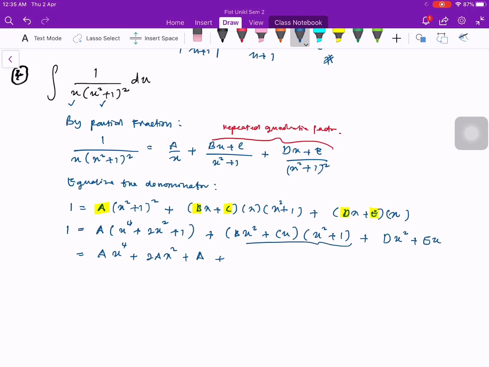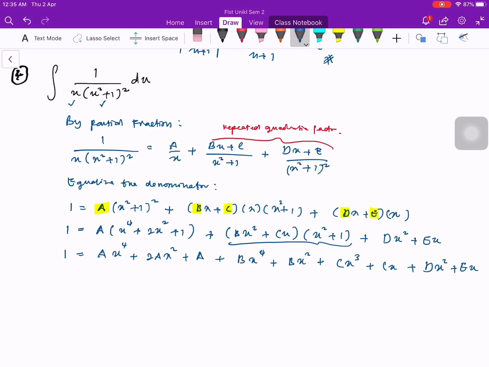So yang ini kita kena expand lagi. So kita akan dapat Bx to the power of 4 plus Bx squared, then plus Cx cubed plus Cx, and then we're going to have Dx squared plus Ex. Okay, equals to. Then saya akan susunkan ikut the degree of x.